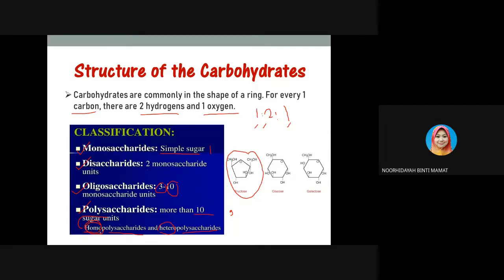Whereas heteropolysaccharides are composed of different repeating monosaccharide units. For example, fructose joined with glucose, joined with fructose again, and so on. Basically, these polysaccharides have more than 10 sugar units in a chain.